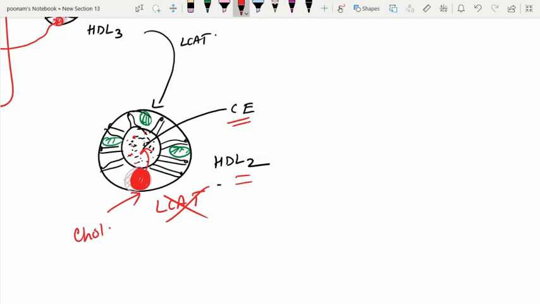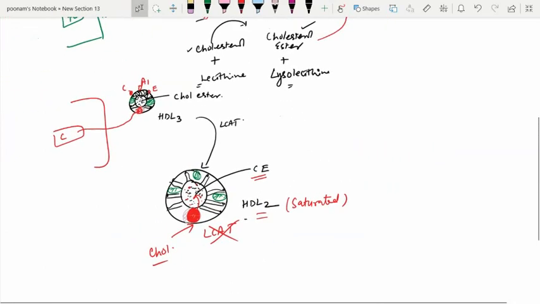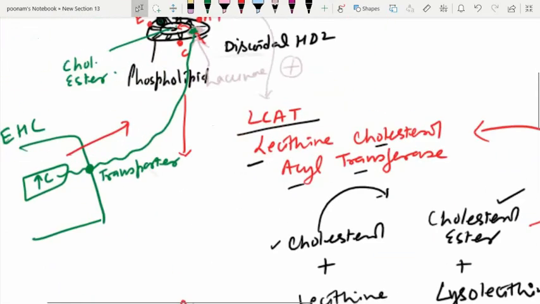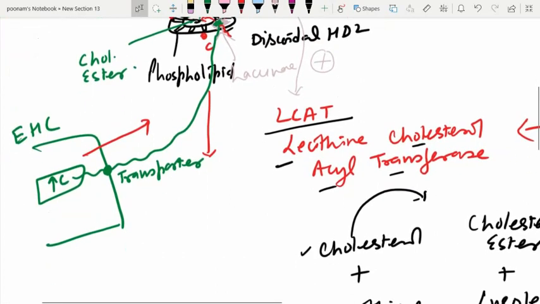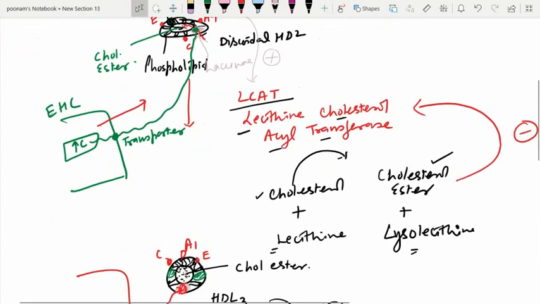The last cholesterol will not be modified to cholesterol ester because of product inhibition of the LCAT enzyme, and we call it a saturated HDL2 particle, which is no more in a situation to accept cholesterol from extrahepatic tissues. So what you have learned till now is that HDL came in a flattened structure form, called discoidal HDL, and slowly it took a spherical shape.